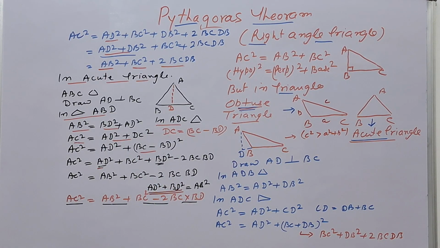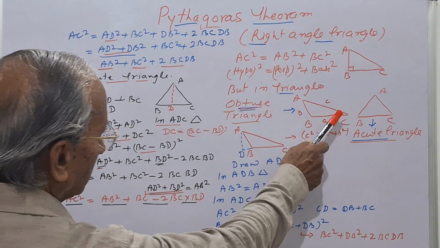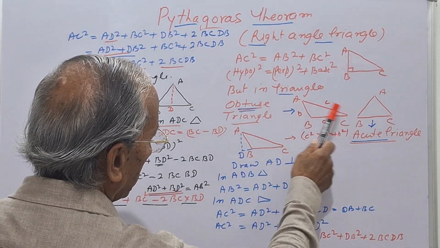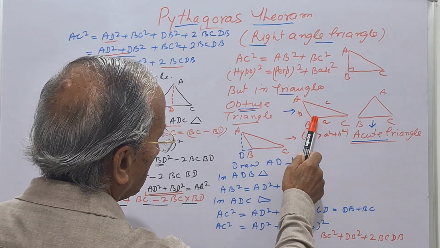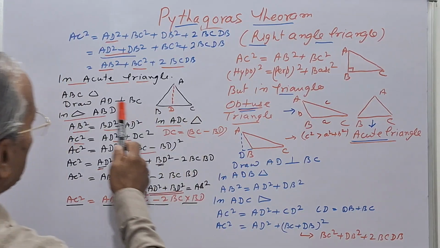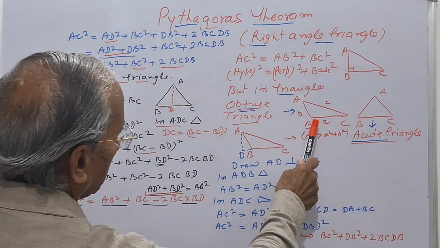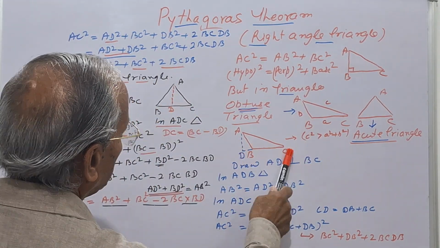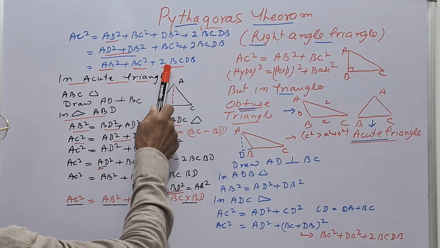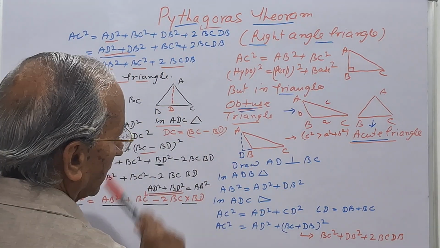So actually what happened? In the case of the obtuse triangle, AC square is equal to AB square plus BC square, where this BC is taken as the total of DB plus BC. So it becomes AB square plus BC square plus 2 BC into DB.